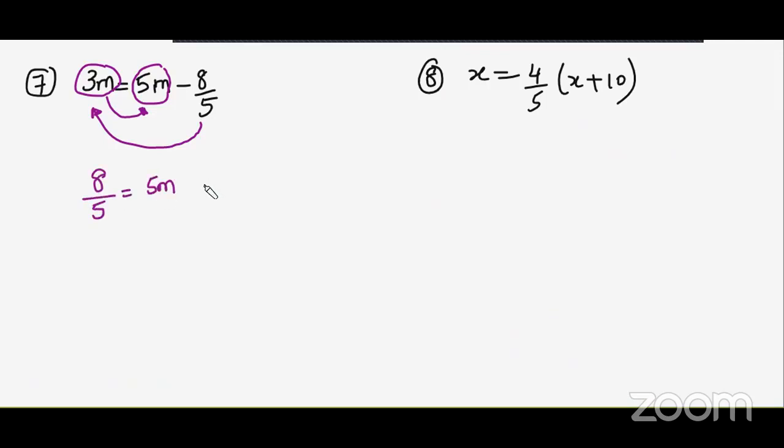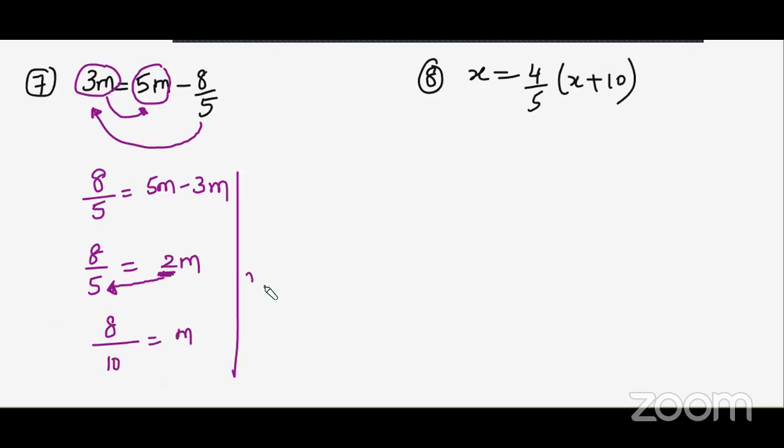So we'll get 8 over 5 equal to 2m. Okay, now we have to shift this 2 to the other side. That is multiply, therefore that will go to the other side and it'll get divided, right? So 8 divided by 5 times 2, which is 10, is equal to m. And we can further simplify m as 4 over 5, right?